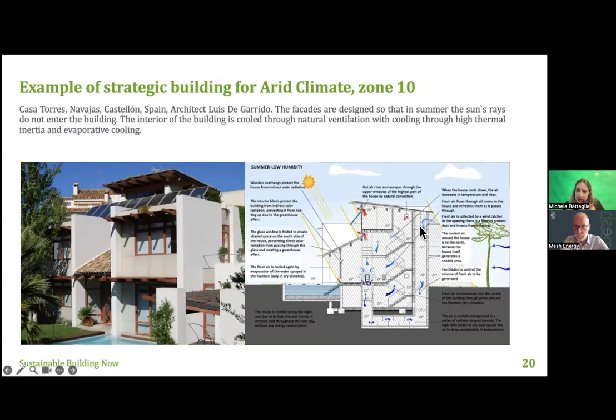And he created this wind catcher that is in contact with the underground. And then when the air escapes, there is a spring that helps to cool down the interior of the building. And then there are these openings that create an updraft for cooling down the building.